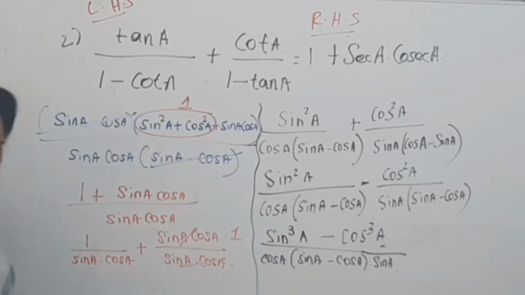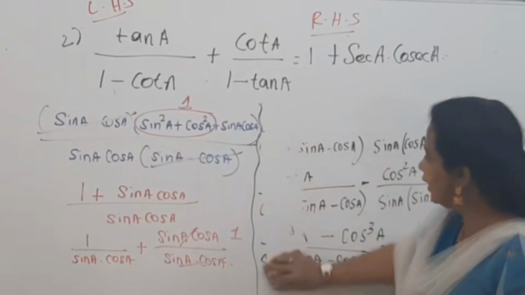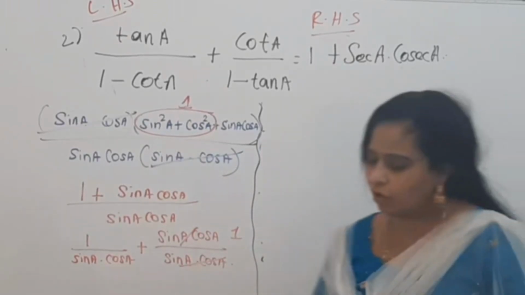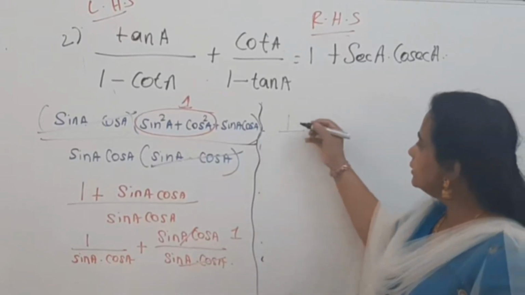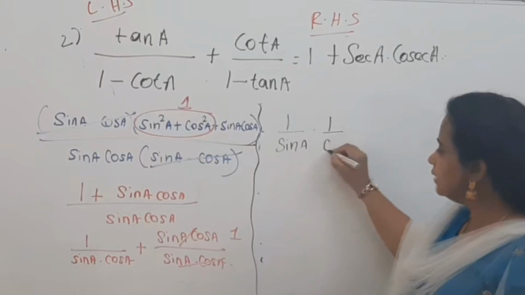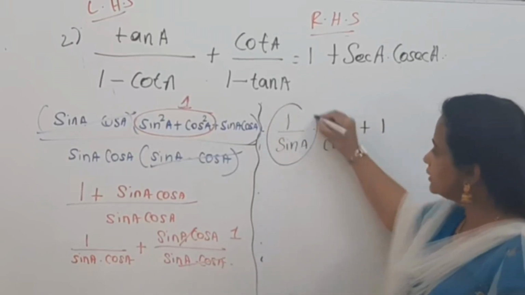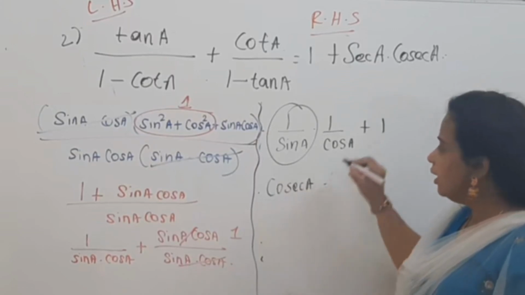So now this one becomes 1 by sine A into 1 by cos A. So my terms will become 1 by sine A dot, can I write like this, 1 by cos A plus 1. What is my 1 by sine A? It is nothing but cosec A. And what's my 1 by cos A?